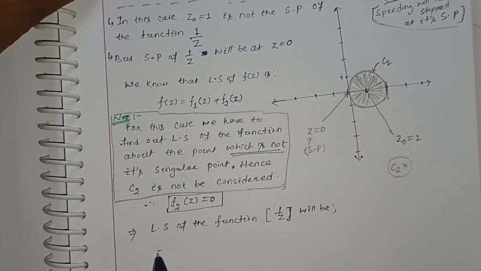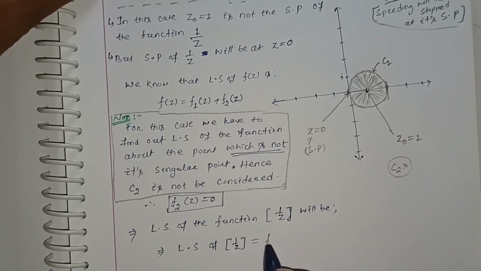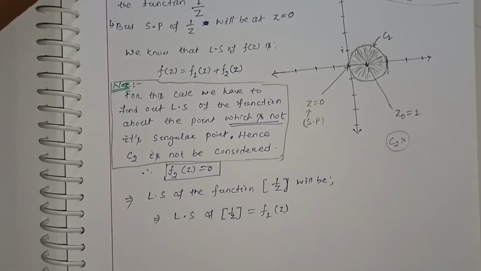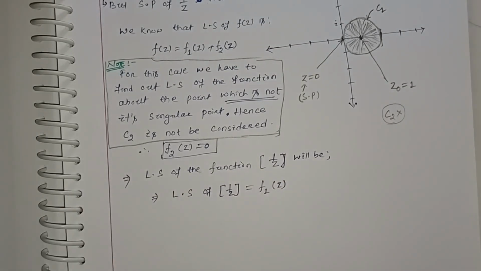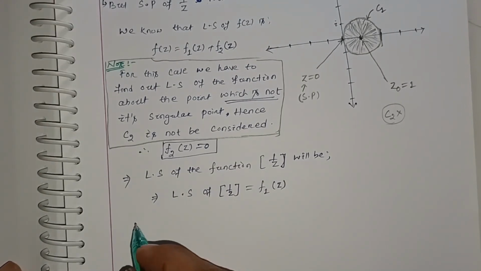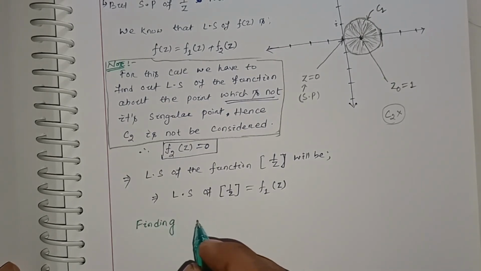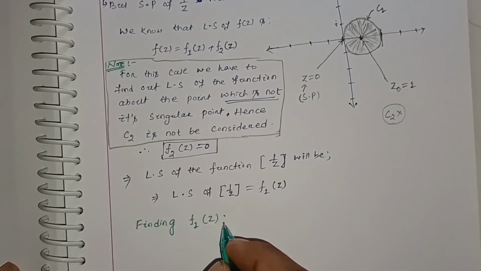That implies the Laurent series of 1 by z will be equal to the so-called f1(z), because f2(z) is not there now. Now we are going to find out f1(z). So just put a small heading: finding f1(z).